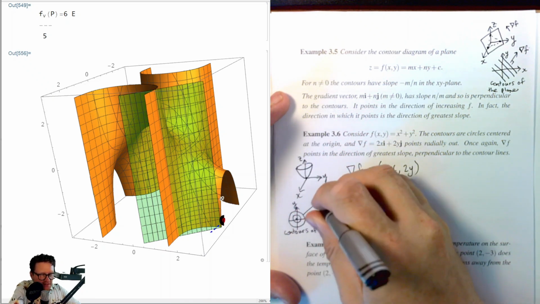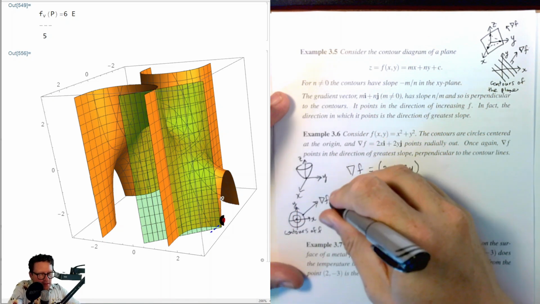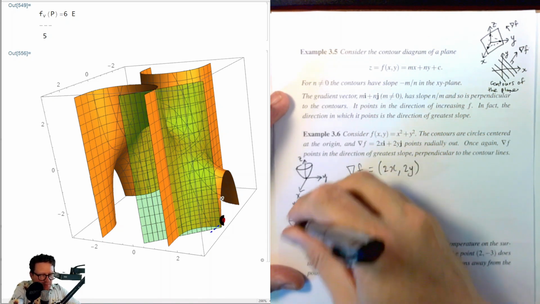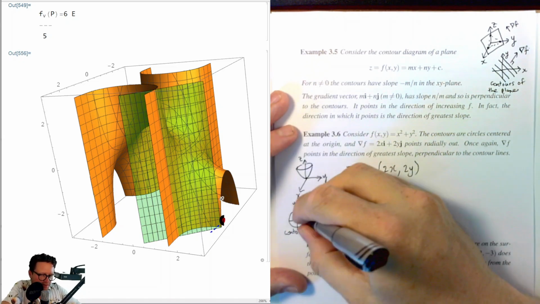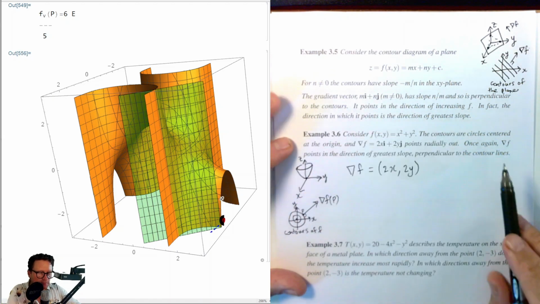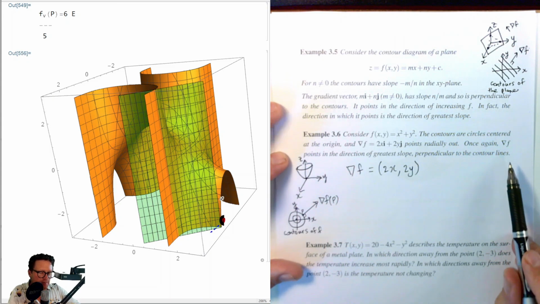So something like this. This is grad f at P, where P is this point. Okay, these are perpendicular. Once again, grad f points in the direction of greatest slope from P.